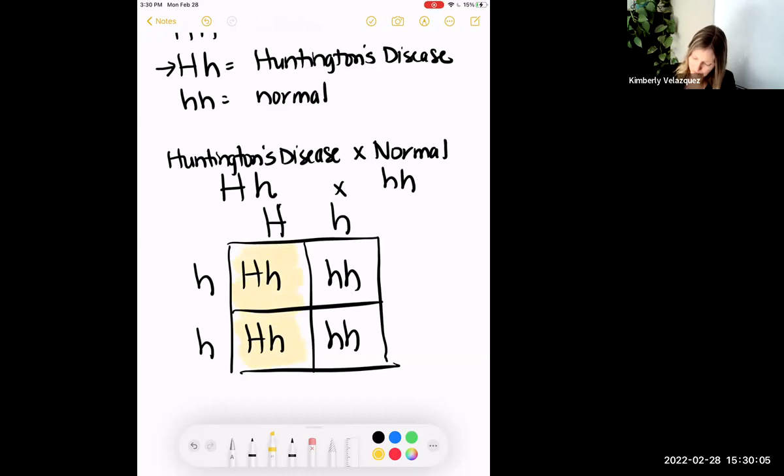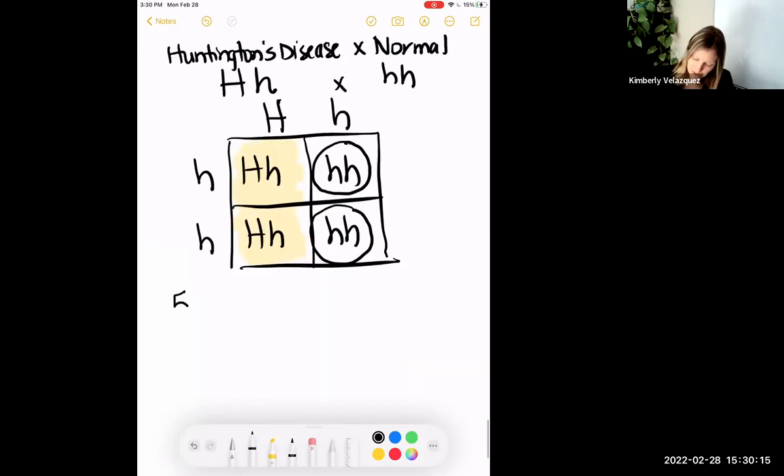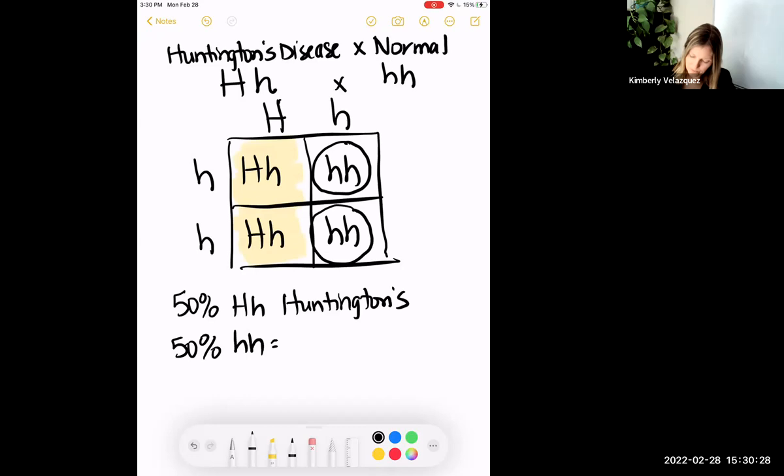And these 50% here are completely normal and they don't carry the disease allele in their DNA. So this would be 50% big H, little h, which is Huntington's, and 50% little h, which is normal.